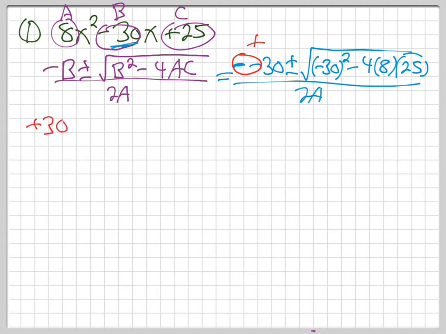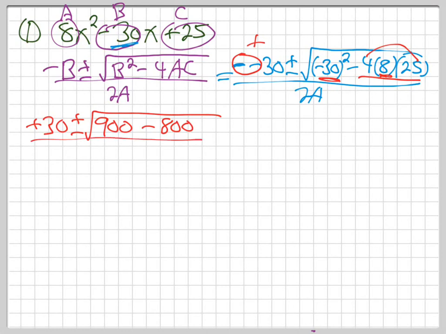So bring it down here, positive 30 plus or minus square root of 30 squared, 900 on your calculator, minus 4 times 8 times 25. 4 times 25 is 100. 4 quarters is $1, right? 100 times 8, 800. All over, oh, 2a, I forgot to put in the a there. The a should have been 8, so this would be 16.